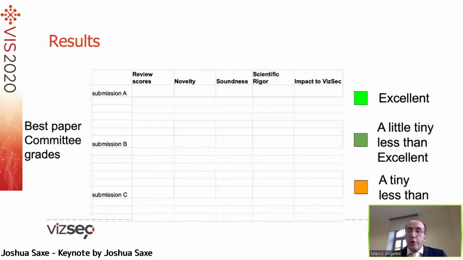And here, for the sake of reproducibility and transparency, I present in anonymized form the results of this evaluation, where clearly are represented the submissions and the grade of evaluation, and the scores that ranged from completely excellent to a little bit less excellent to a tiny less excellent.